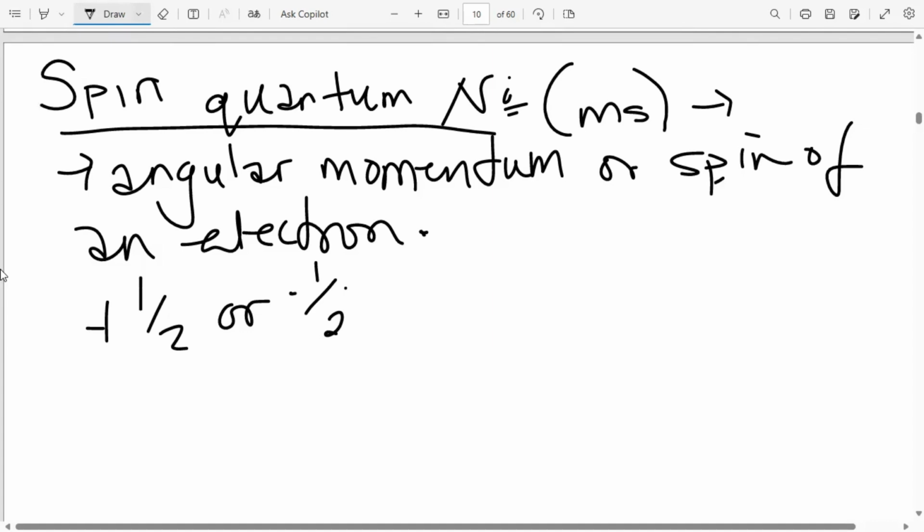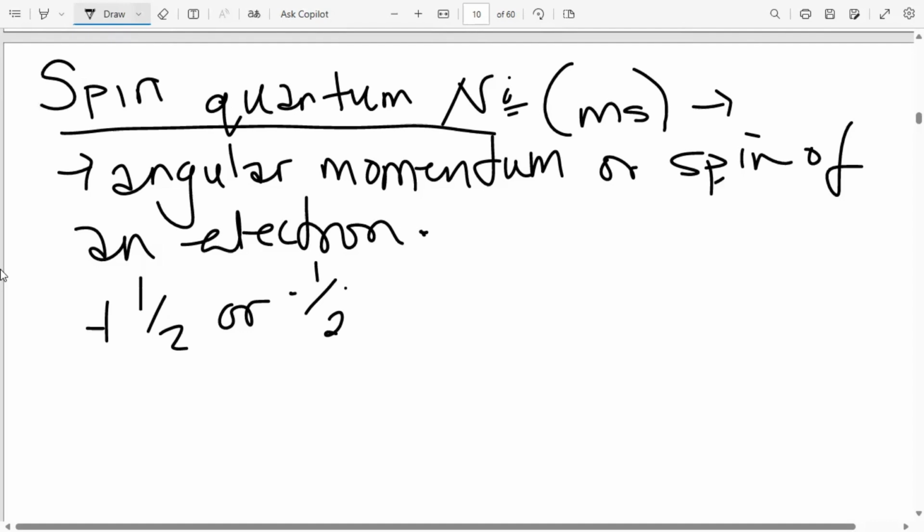We have the magnetic quantum number, which gives us the orbital orientation in 3D space. Whilst we also have the spin quantum number, which gives us the electron spin direction, plus 1/2 or negative 1/2, to help define the electron spin state within an orbital. So those are the four quantum numbers that I wanted us to look at.